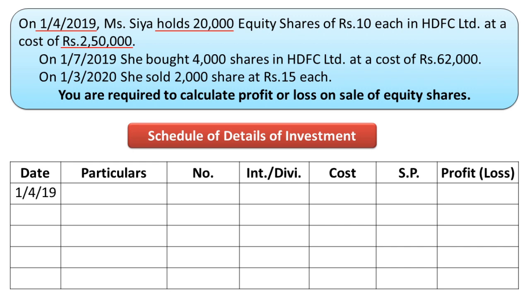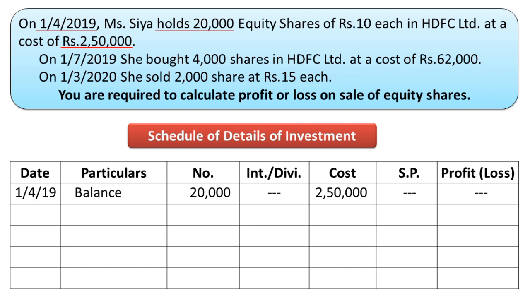In the column of particular, since it is opening balance, we'll write the balance. We have 20,000 number of equity shares, so 20,000. There is no declaration of dividend and the cost given in the problem is rupees 2,50,000. There is no selling price and no profit, as there is no sale.